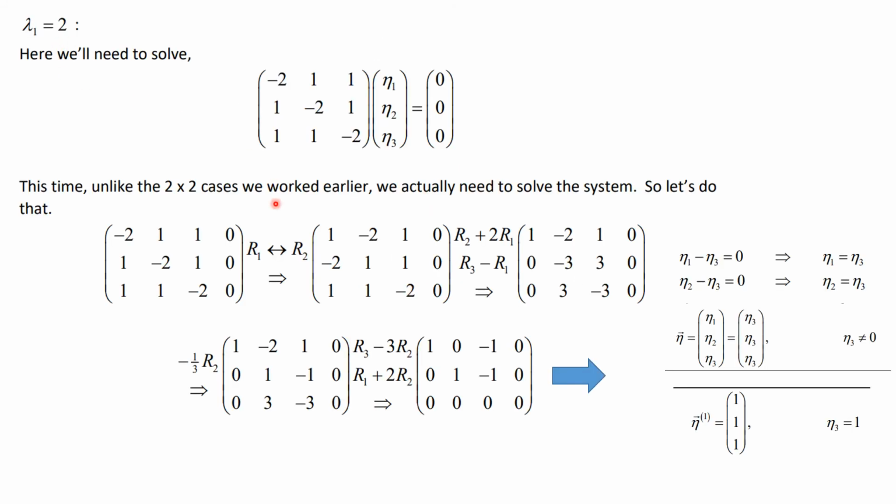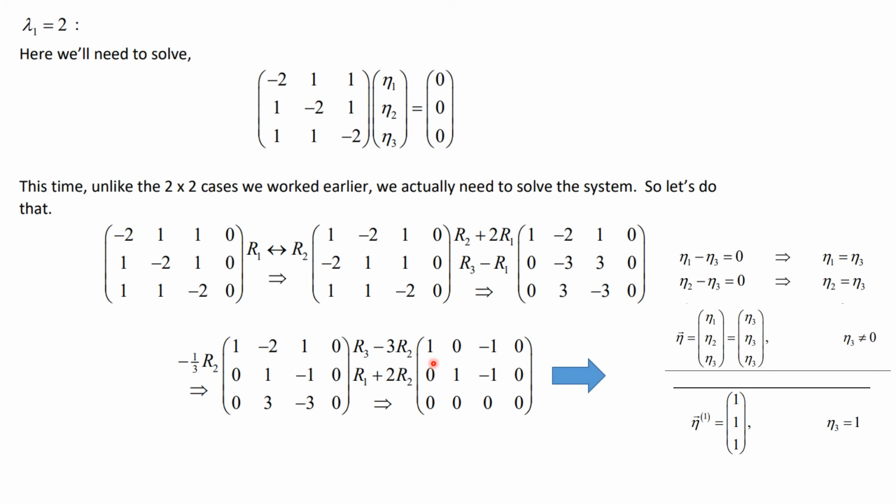Now this time we do need to solve this a bit because it's not going to be obvious from the beginning. And so we set up the equation. Again, it is A minus lambda I times these equal to 0. But when we reduce this, do some row reductions, this is what we get.